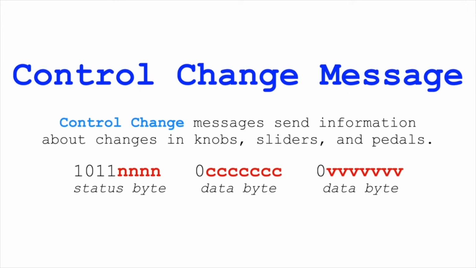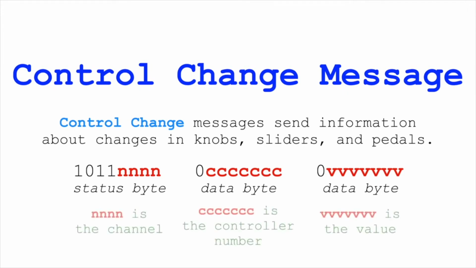Now, controller number 1 is the modulation wheel. So if we take a look at the data, the first byte of data specifies controller change and the channel. The second byte describes the controller number, i.e. 1 for modulation, and the third value specifies a value from 0 to 127.